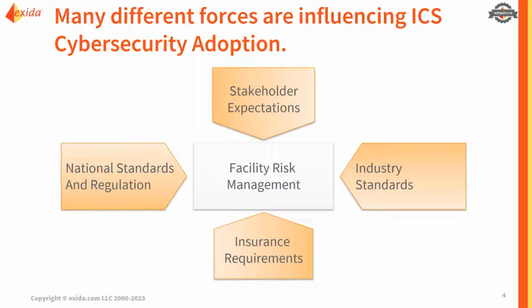And if the person filling that out really isn't familiar with what the questions are asking, doesn't know how well those controls are being implemented for their site, it's actually possible that the policy may be voided if, for example, you claim that you have effective cybersecurity monitoring, but that monitoring doesn't apply to, let's say, different parts of the system, and you have a significant incident that wasn't caught because it wasn't implemented fully or wasn't implemented for that area. So that's something companies need to be aware of as they answer the question of what sort of cybersecurity insurance they want or need, and that can have a major role in impacting how they adopt cybersecurity.